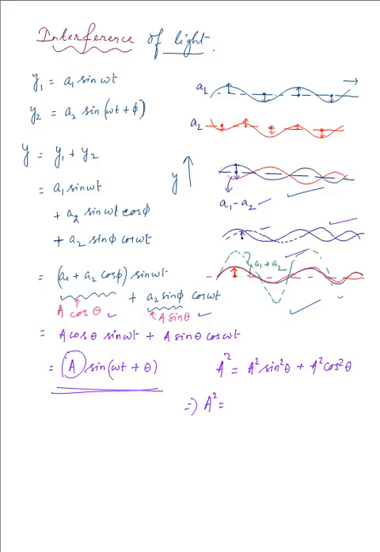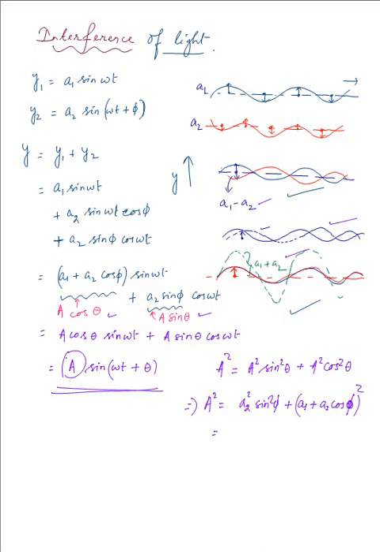That is A2 sine phi squared plus A1 plus A2 cosine phi squared. And squaring those terms, what would that lead to?